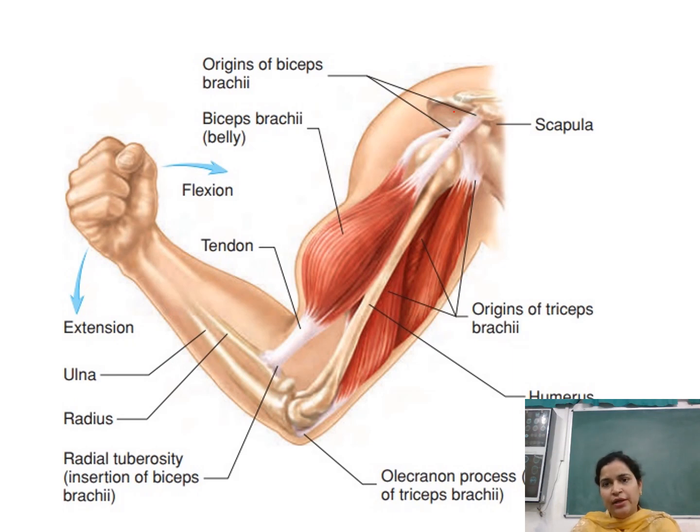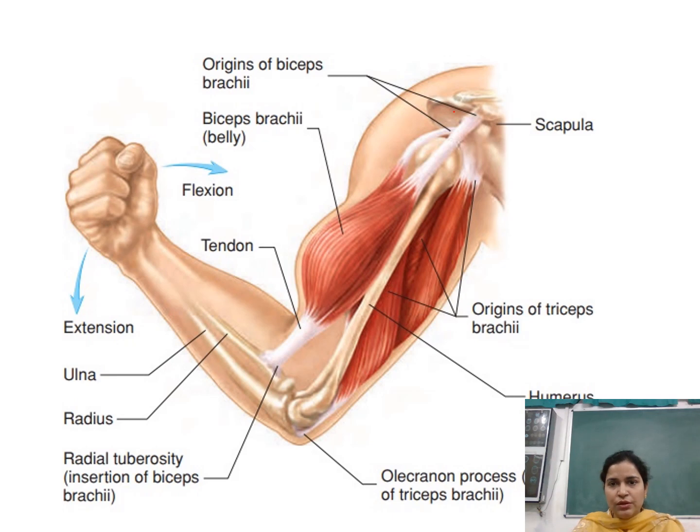Posteriorly there is the spine, and here is the glenoid cavity. In the glenoid cavity there is the supraglenoid tubercle, and then there is the coracoid process of the scapula. So here are the origins.